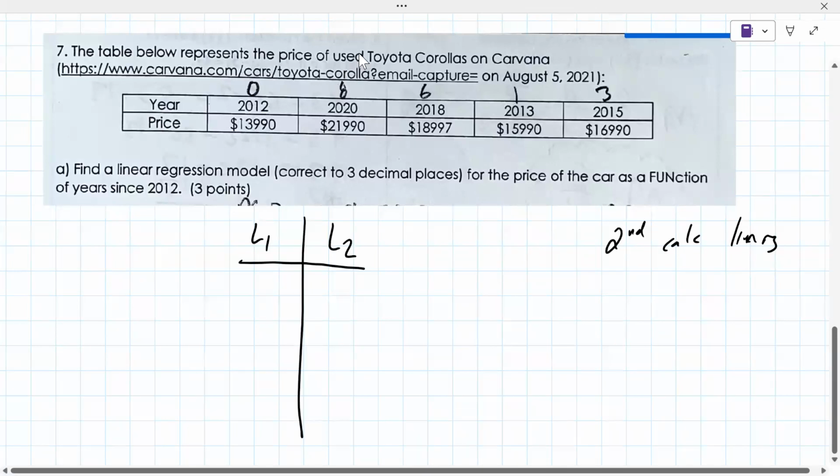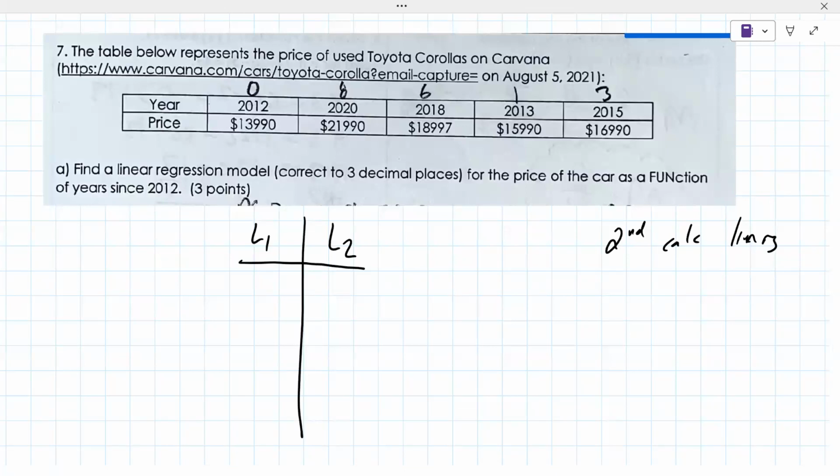Another one that I wanted to go over, I think it's number 7 on the second part. I think that 7 is hidden away, but it's on page 5 of the PDF. Which question number is it?